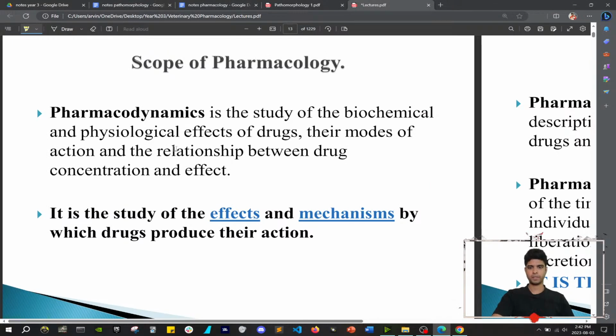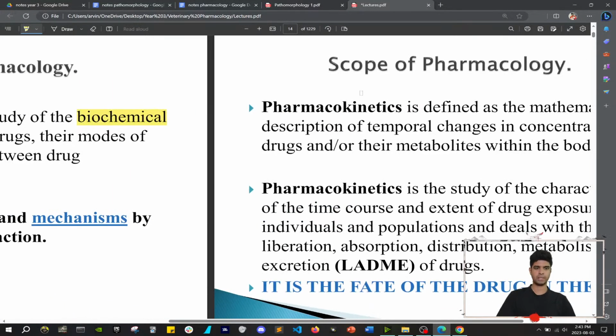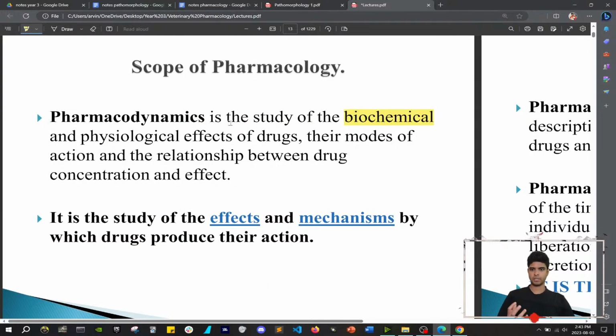Pharmacodynamics is a study of biochemical and physiological effects of drugs. Pharmacodynamics, pharmacokinetics was another one, right? Yeah, it's there. So it is a study of biochemical and physiological effects of drugs. Biochemical properties, okay.